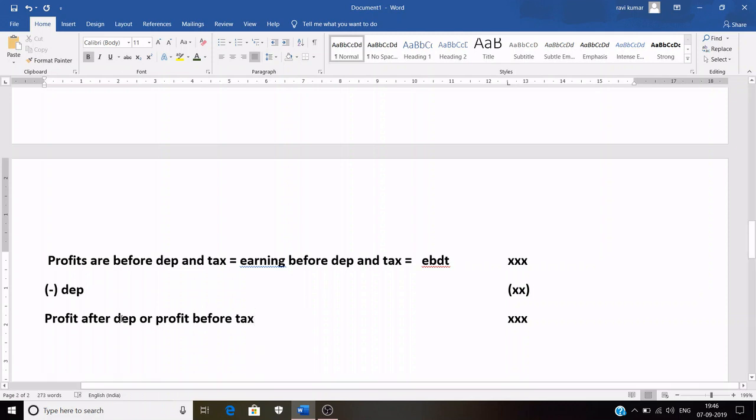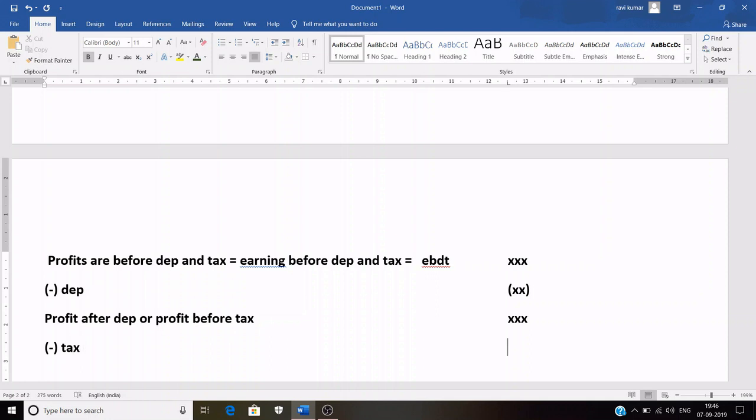It has dual names: the first name is profit after depreciation and the second name is profit before tax. Always remember, profit after depreciation or profit before tax is our taxable income, and on this income we calculate the tax. So our second step is to deduct tax.